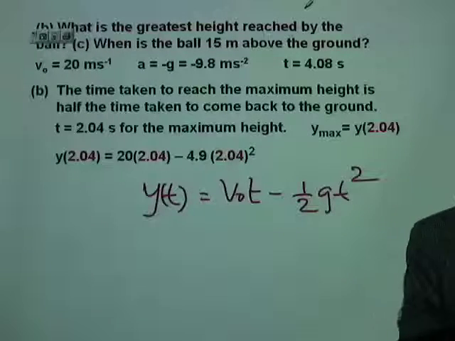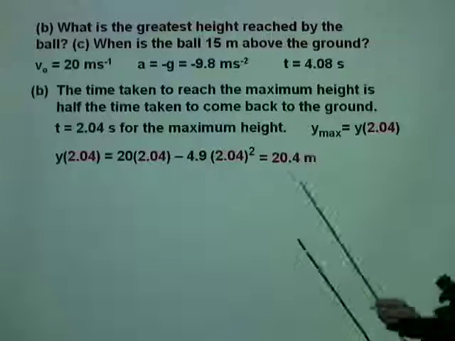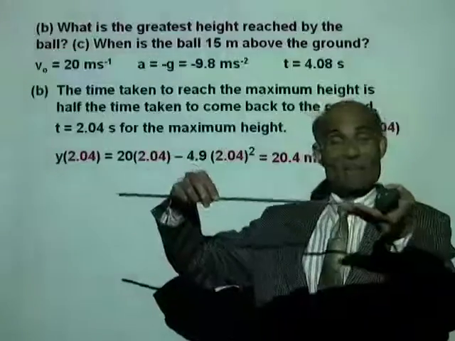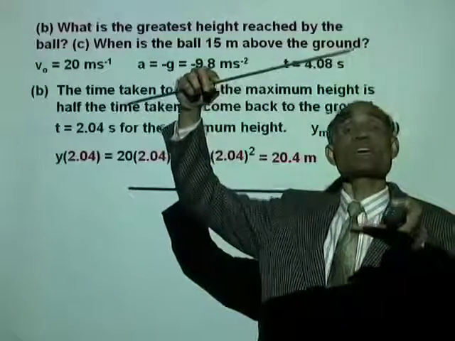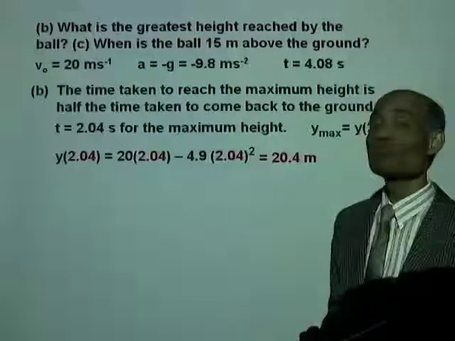And what does that give you now? Where is the object at the end of 2.04 seconds? That is 20.4 meters. So at the end of that 2.04 seconds, it is at y equal to 20.4 meters.